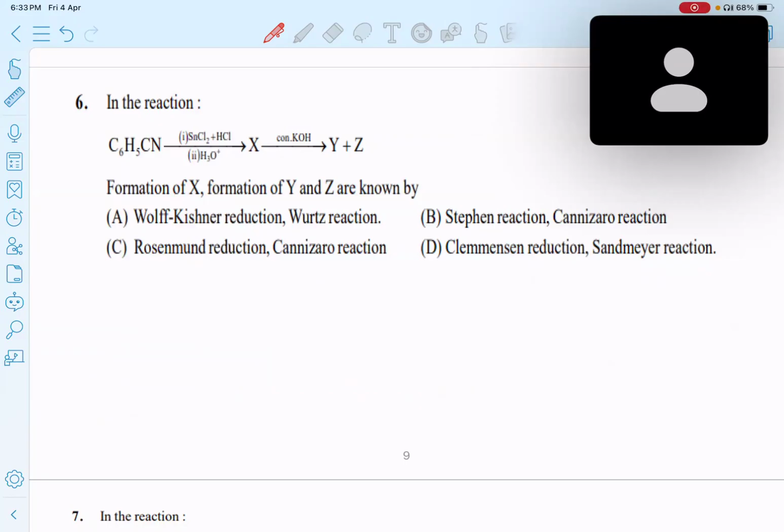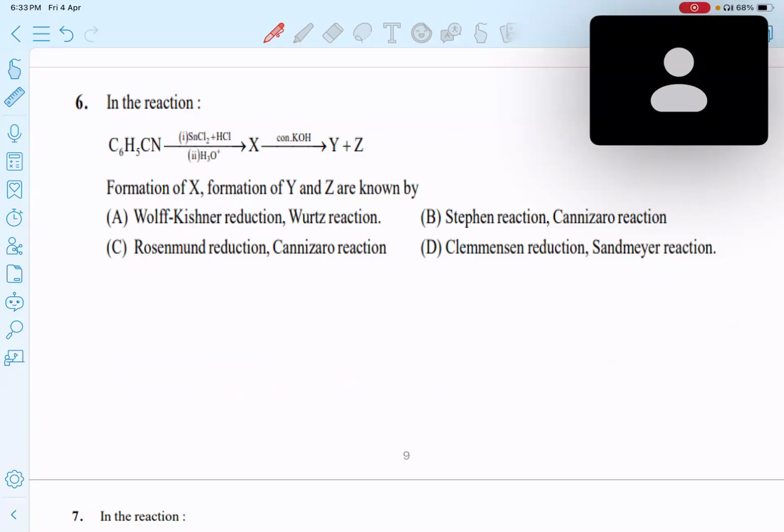So the formation of Y and Z is known by the reaction names given in all the 4 options. So what type of reaction is this one? Let us check one by one.